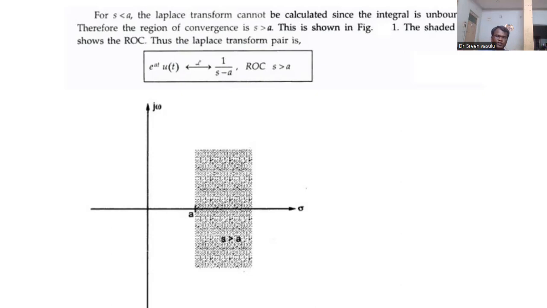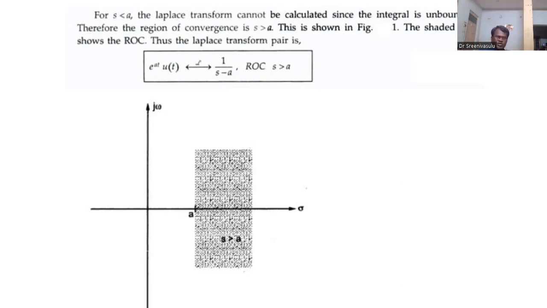Another important point, it is a right-sided signal. So the ROC is also right-sided. You remember one more point, the ROC does not contain any poles, because the pole is at s is equal to a.